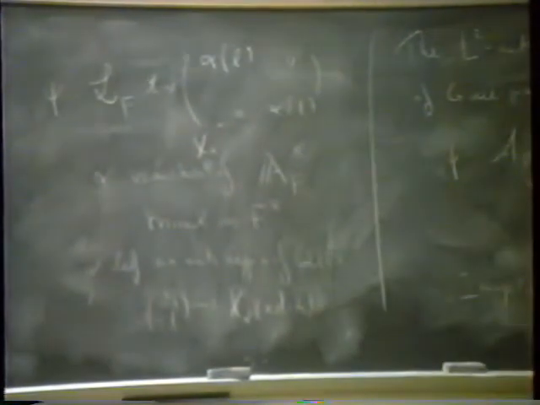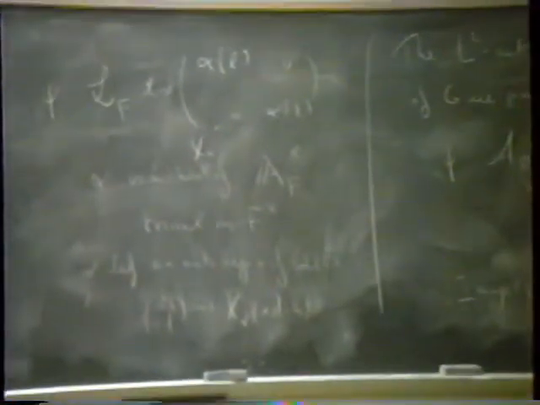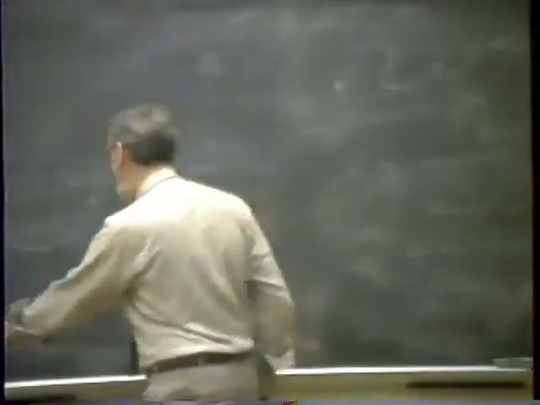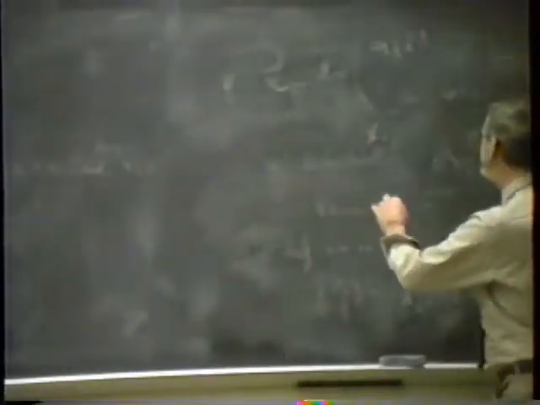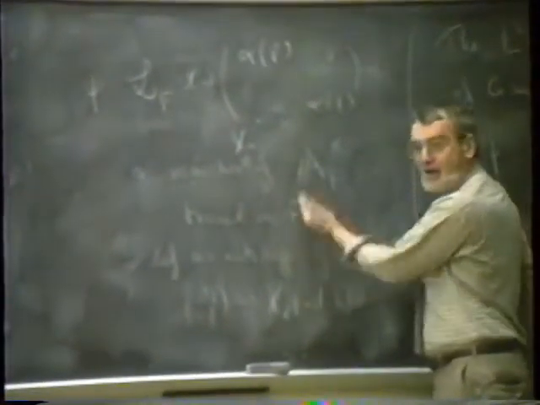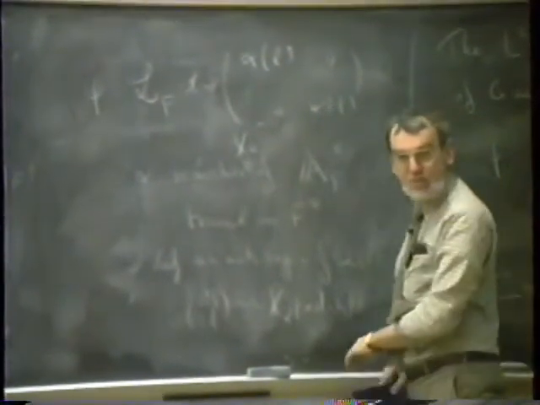So in verifying Arthur's conjecture for GL2, say in this case, we don't have to really know about L_F, we just have to know what the one-dimensional representations are.